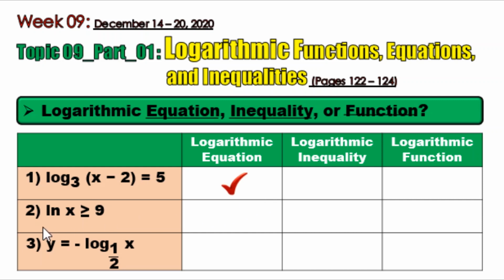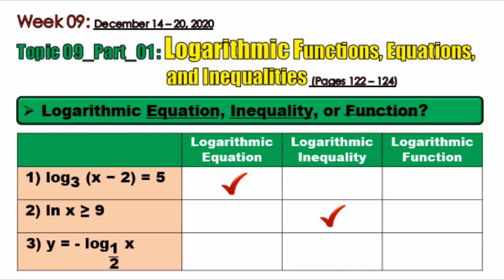The second one, we have ln x is greater than or equal to 9. First, it involves logarithm, it involves an inequality sign, and it only involves one variable. Therefore, it is a logarithmic inequality.